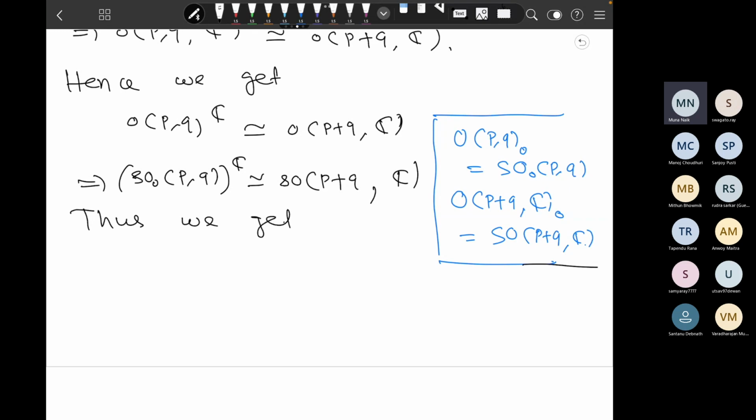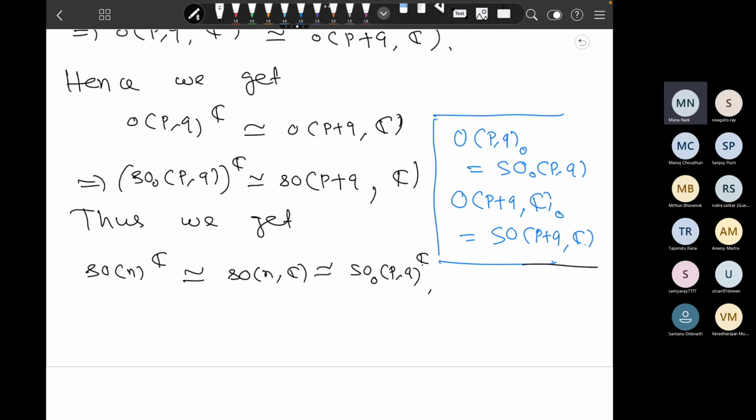Thus we get this thing: SO(N)^C is really SO(N)^C, and this is isomorphic to SO naught(P,Q)^C.